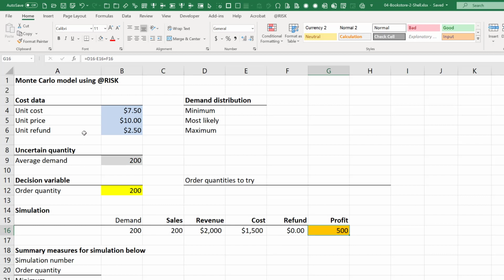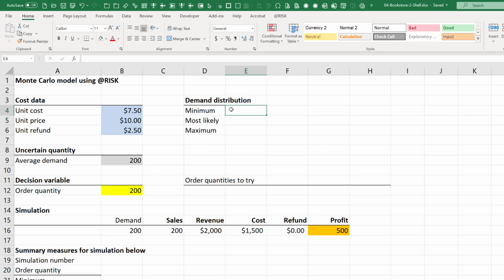To set this up as a risk model where we want to simulate average demand, let's assume that the distribution for demand will follow a PERT distribution. A PERT distribution is one where you have a pessimistic value, an optimistic value, and the most likely value.